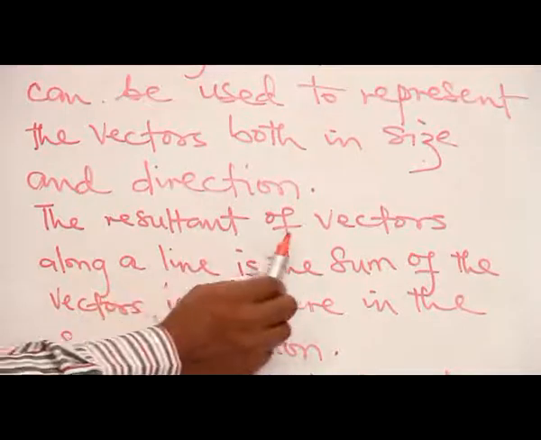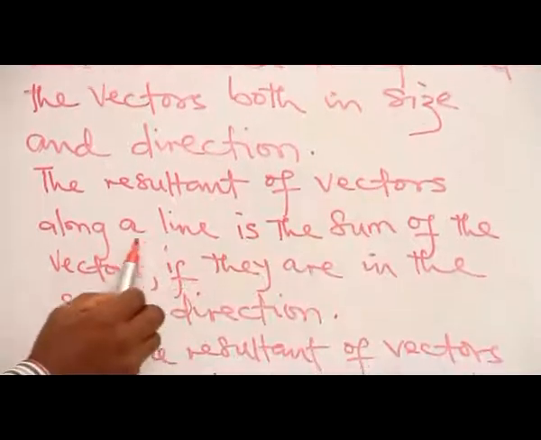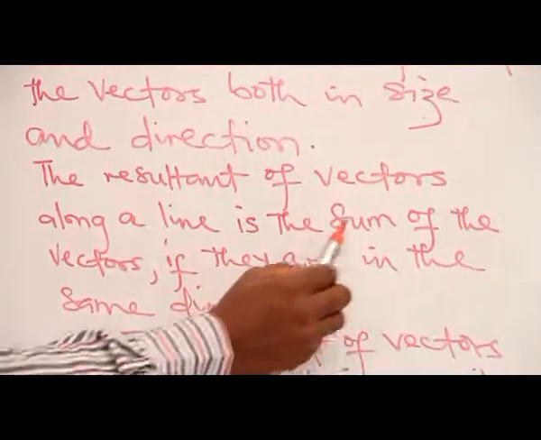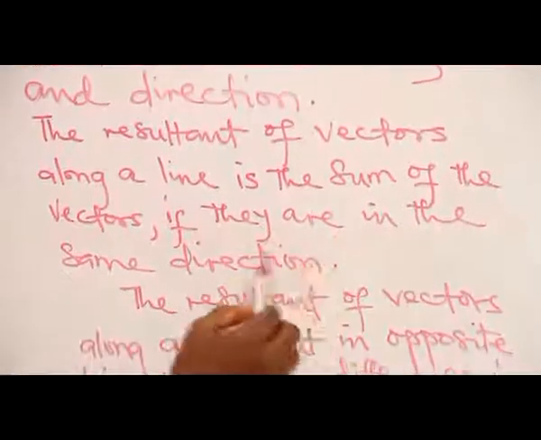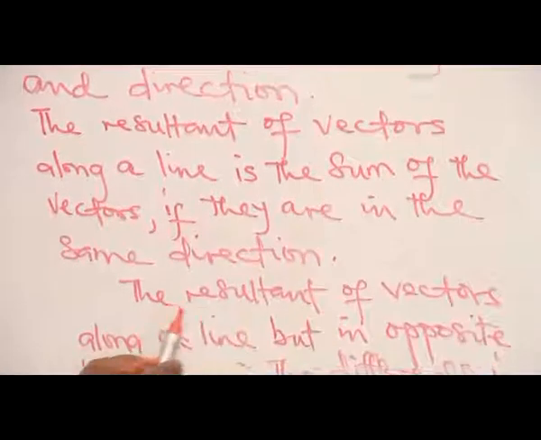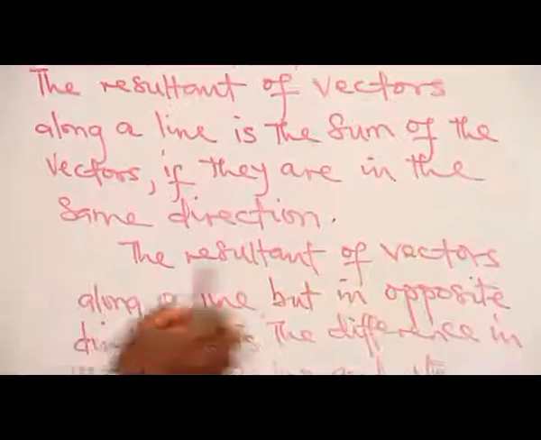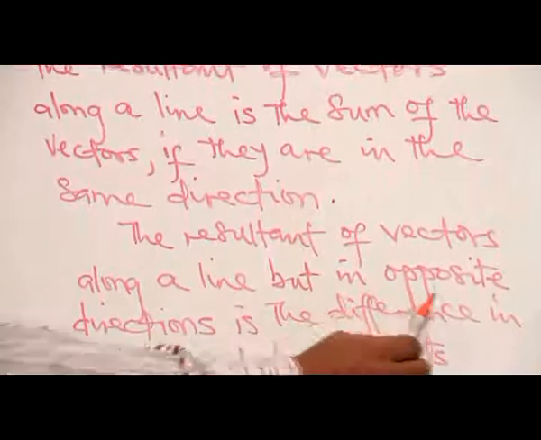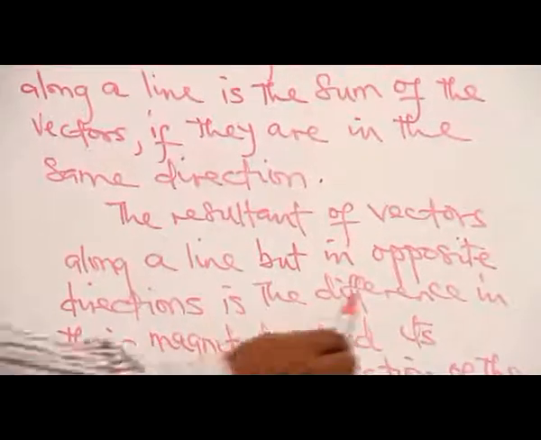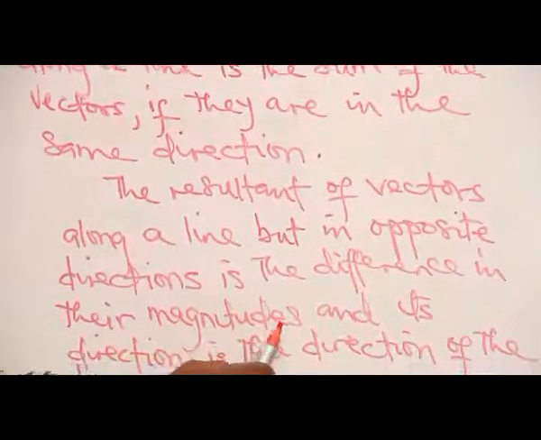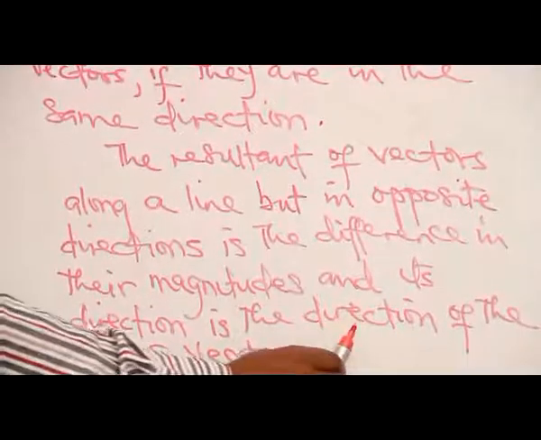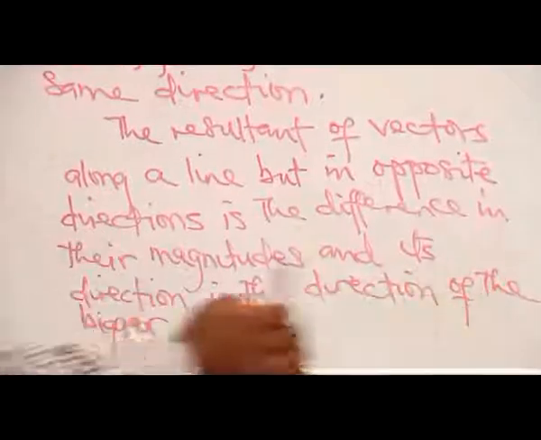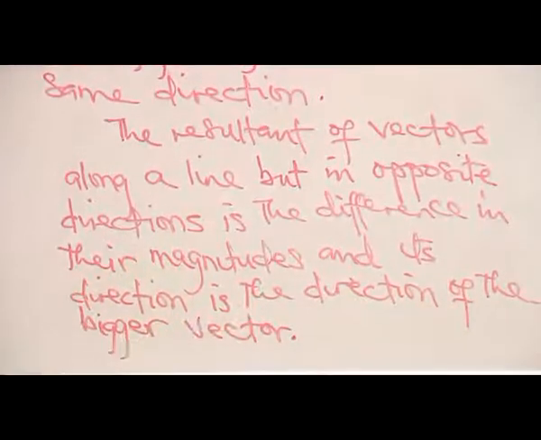The resultant of vectors along a line is the sum of the vectors if they are in the same direction. The resultant of vectors along a line but in opposite directions is the difference in their magnitudes, and its direction is the direction of the bigger vector.